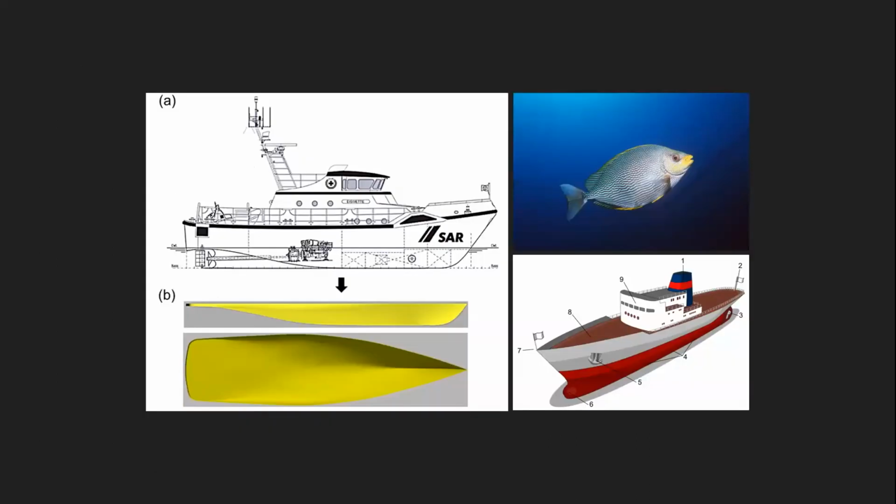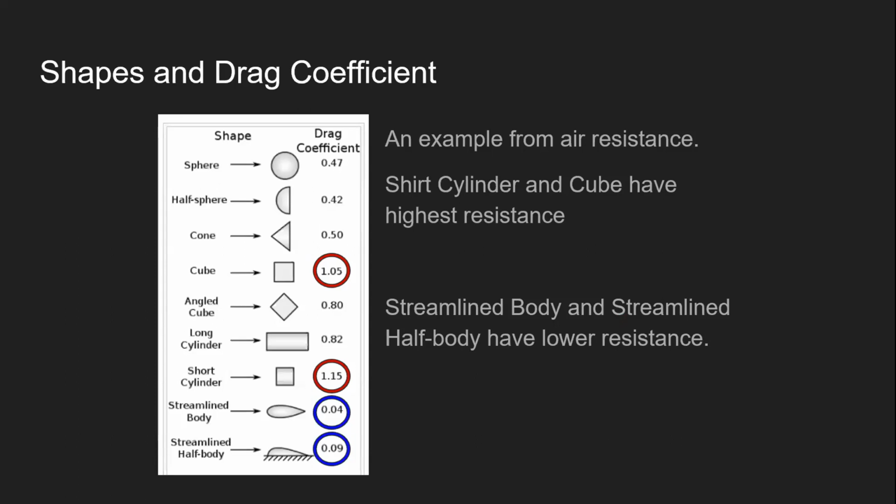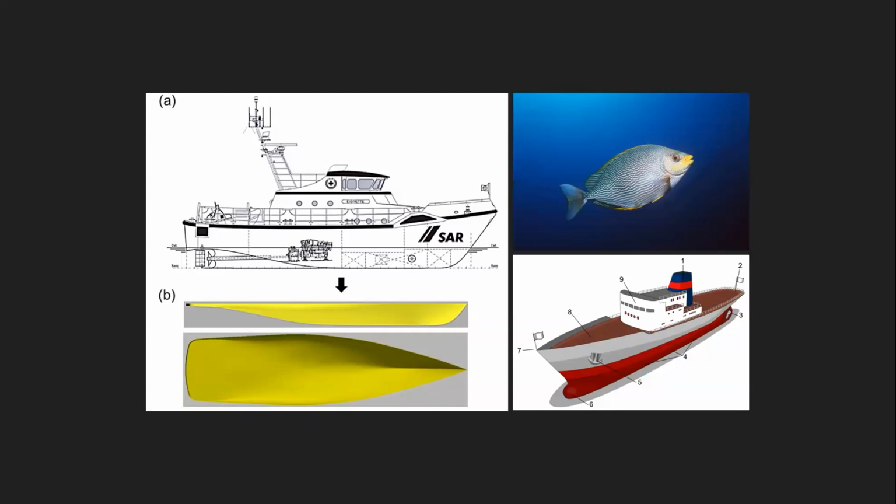Based on the shape of the streamlined half body, those shapes are usually applied to ship shapes to lower the resistance. And I believe that maybe we got inspired, or coincidentally inspired, by the natural shape of the fish.